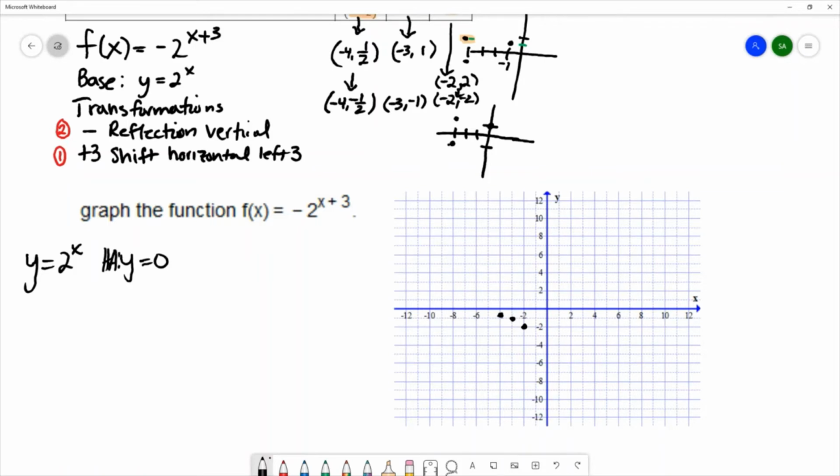And based on the transformations that we have, shifted left 3 units and reflected over the x-axis, those two transformations have no effect on our horizontal asymptote. It's going to be in the same place. So our horizontal asymptote is the line y equals 0.